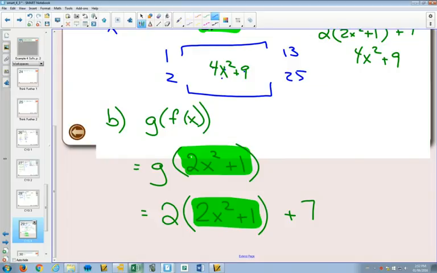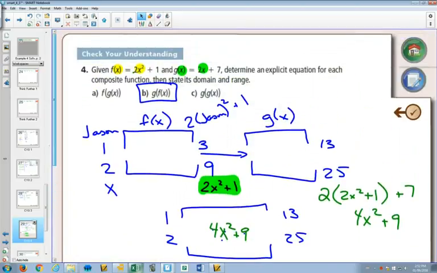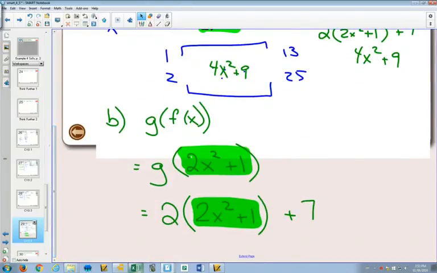What you need to be able to see as far as the abstractness of this is that's the same as I highlighted up in green right at the beginning. Whatever I throw in, you multiply it by 2 and add 7. So if I throw in 2x squared plus 1, it gets multiplied by 2 and you add 7. That's what that function does.